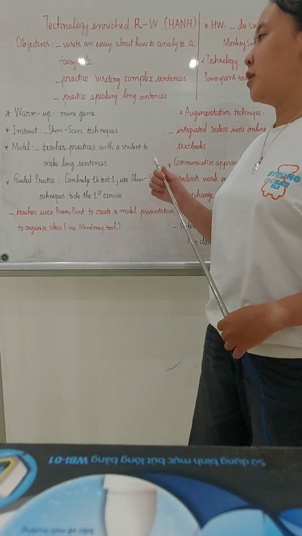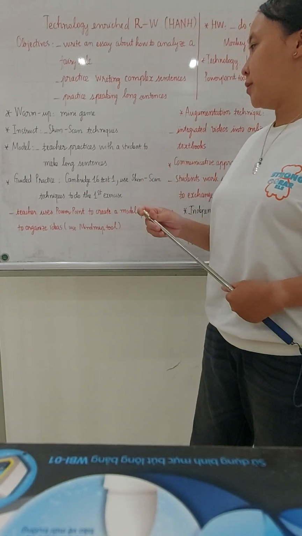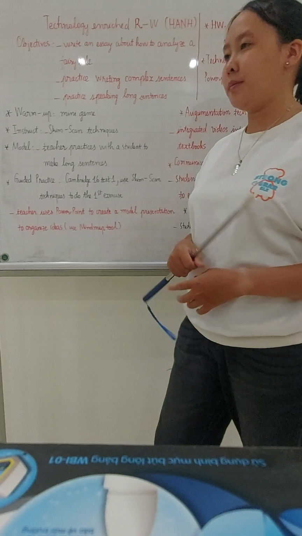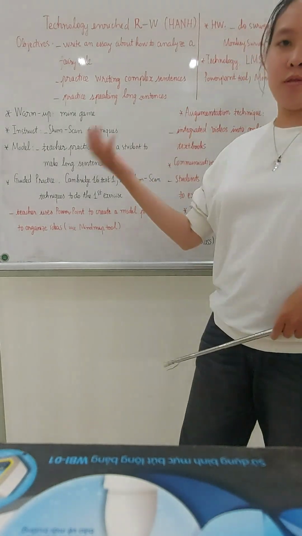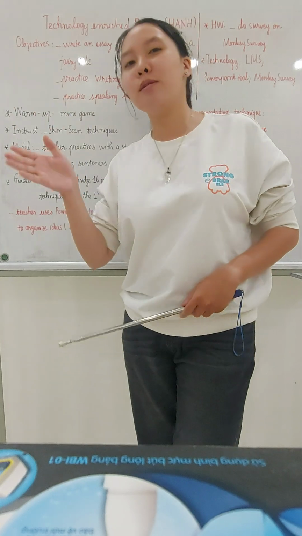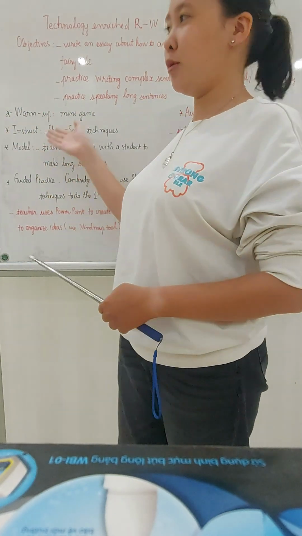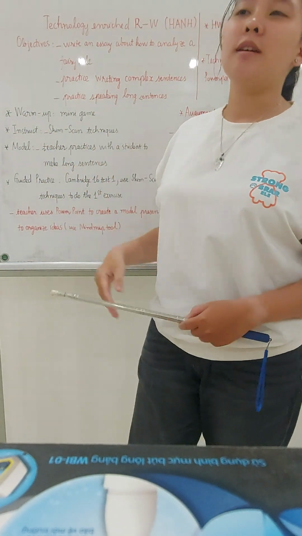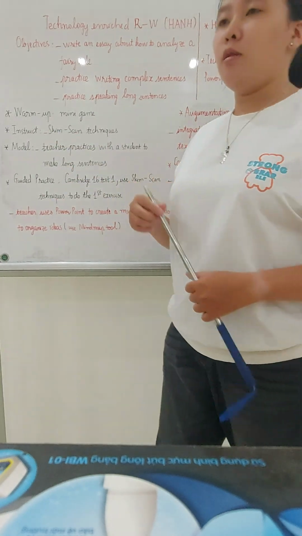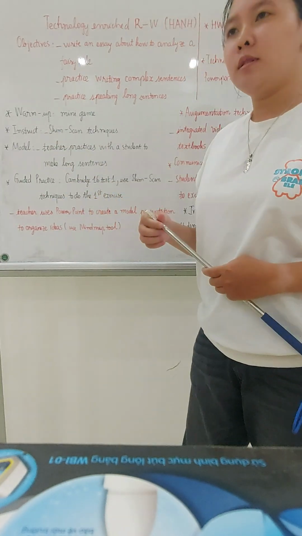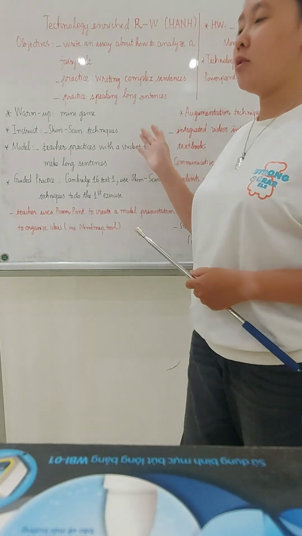So first, the morals. I will now practice with students. I will call a student to come to the whiteboard here, and we start making long sentences. What does it mean, long sentences?